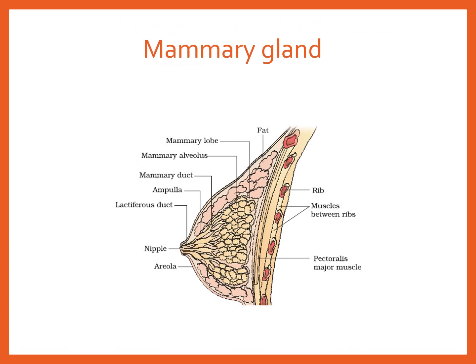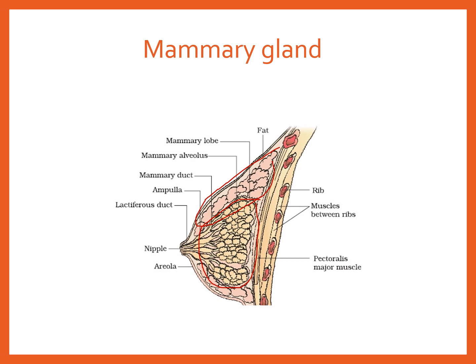The diagram is again important. All the diagrams in this chapter are important. So here you have the fat tissue. Most of it is made up of fat tissue, and then also you have the glandular tissue, right? So here you have the mammary lobe. Within the mammary lobe, you have the alveolus.